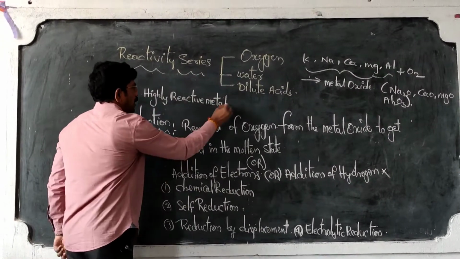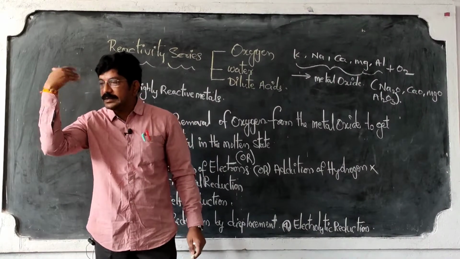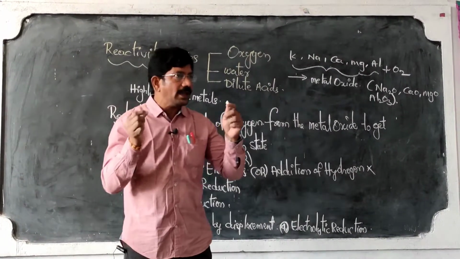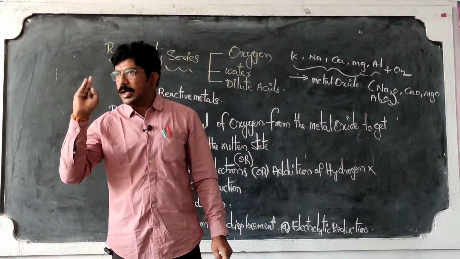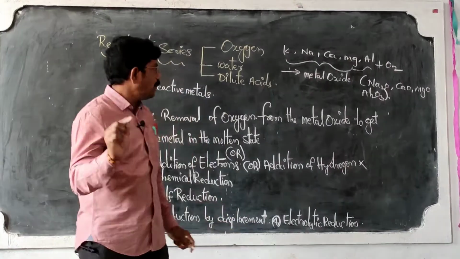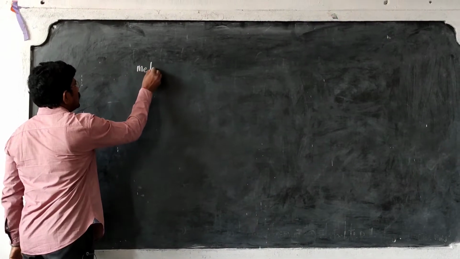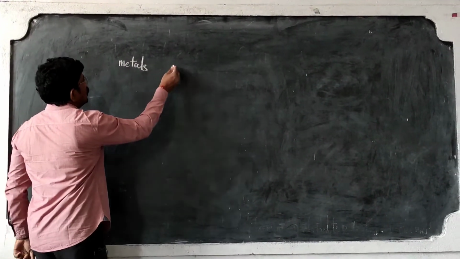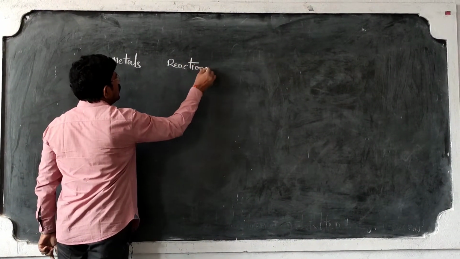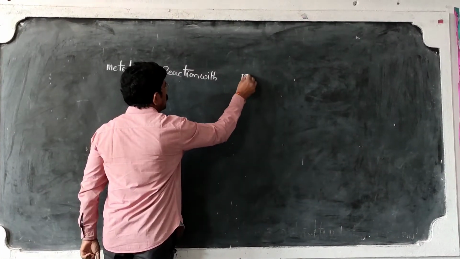So what do you mean by reactivity series? When the metals are arranged in the descending order, that is decreasing order of their reactivity. What have they considered for the reactivity? Reaction with oxygen, reaction with water, and reaction with dilute acids. Are you clear? First you make a note of this. Now listen to me. Here I am writing metals, reaction with, and product.